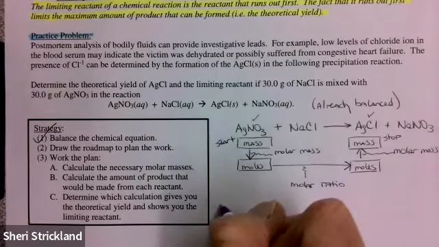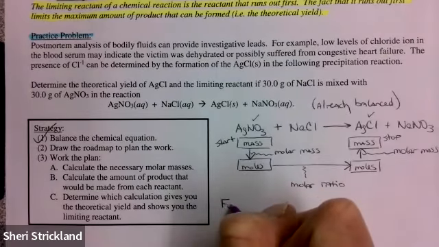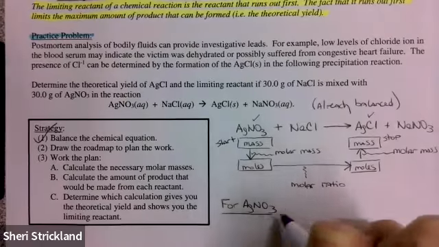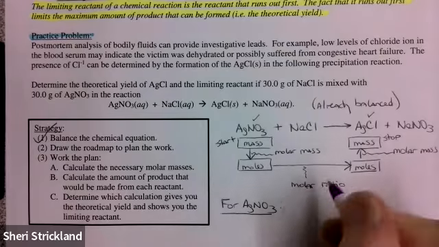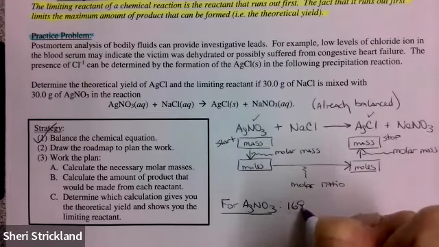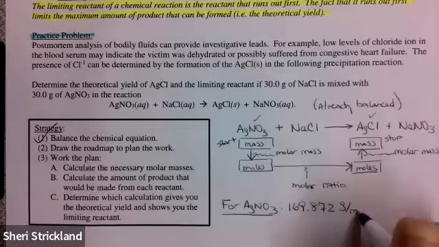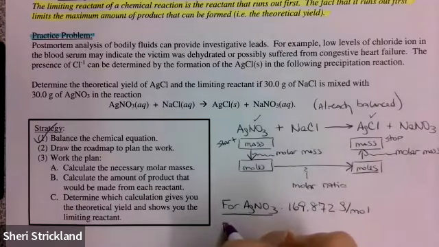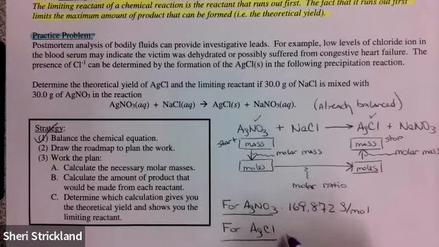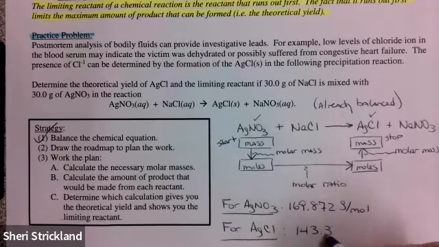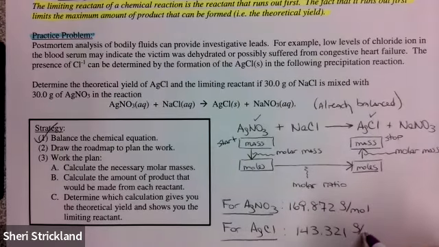So for silver nitrate, the molar mass is 169.872 grams per mole. And for silver chloride, the molar mass is 143.321 grams per mole.